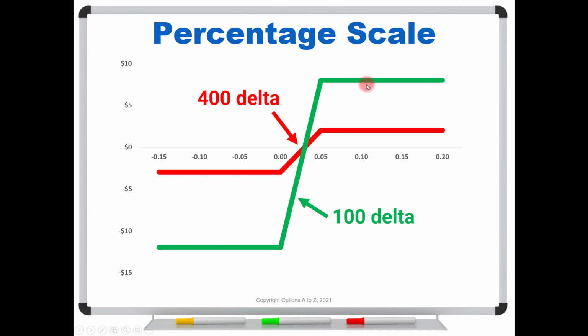But here's where the risk comes in. If for some reason on the 100, 105 vertical spread, the one that you've done 4 times, you've now got 400 deltas that are under attack, let's say, or that are at risk, compared to if you only had 100 deltas on the 400, 420.